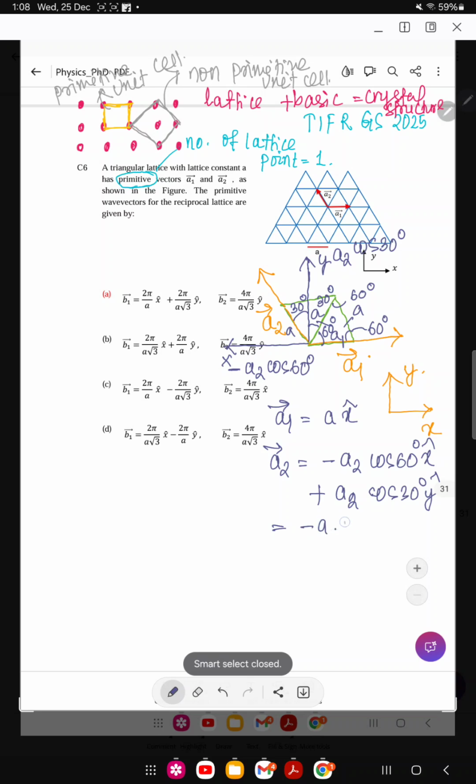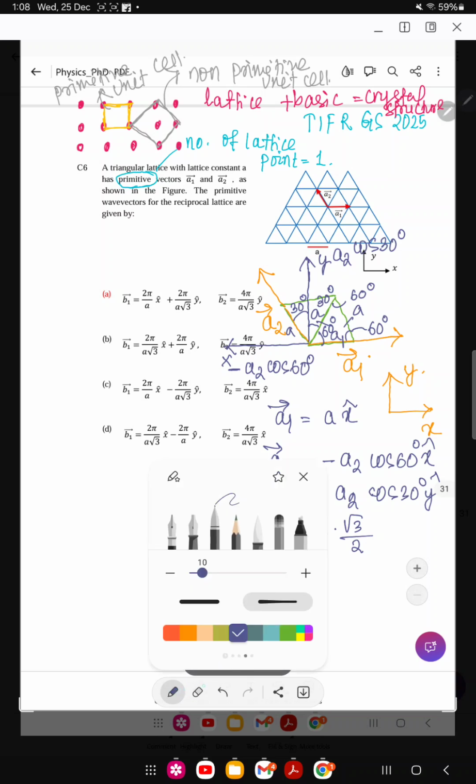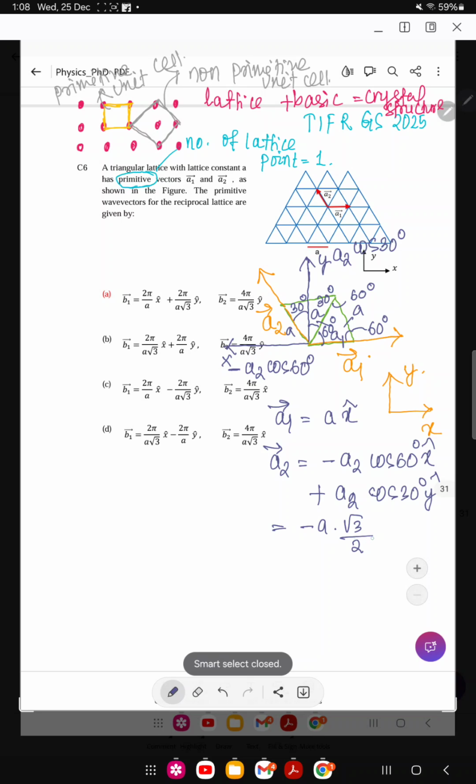So this is minus a cos 60, and cos 60 is half, so minus a by 2 x cap, and cos 30 is root 3 by 2, so a root 3 by 2 y cap. So the direct space lattice vectors are defined in the x and y directions.